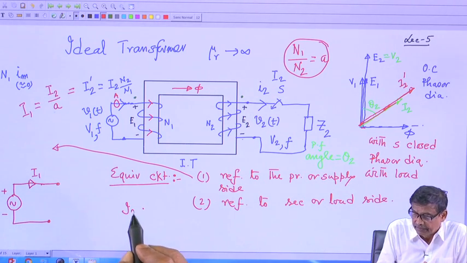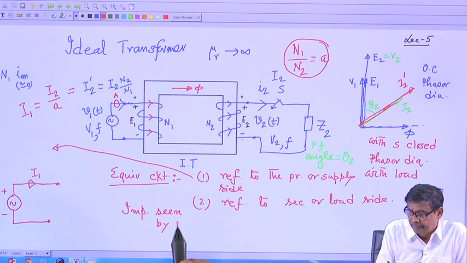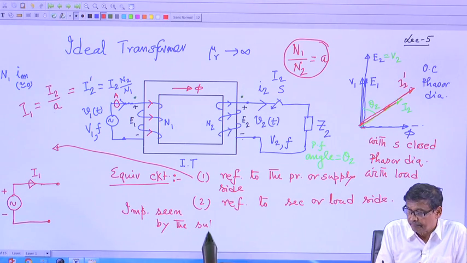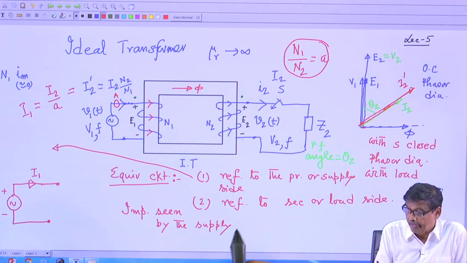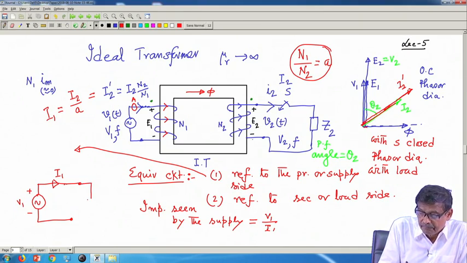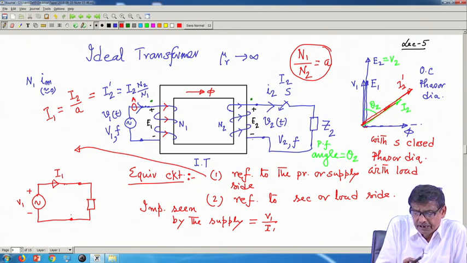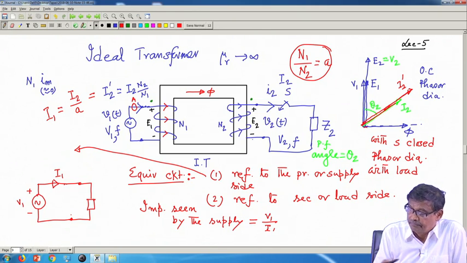The impedance seen by the supply is equal to V1 by I1. He will say, oh, somebody has connected an impedance across me, and that is why I am delivering a current I1. That is all, V1 by I1.